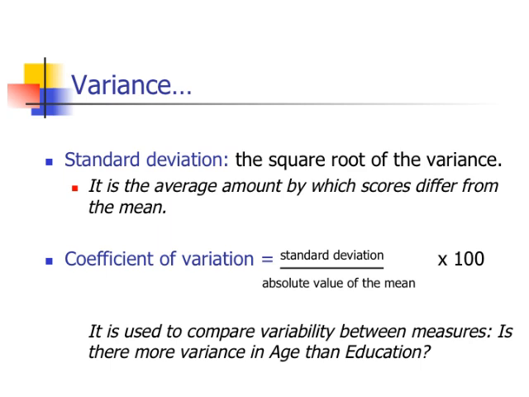Well, anyway, you calculate it, you take the standard deviation, you divide that by the absolute value of the mean, which is the mean value with no positive or negative sign. And then you multiply that times 100. And what that does is it puts this coefficient of variation, the variance measure, on a standard so that it doesn't matter what was measured.